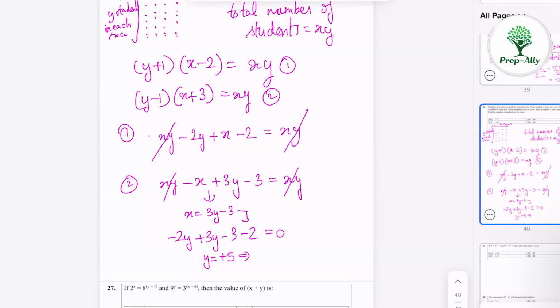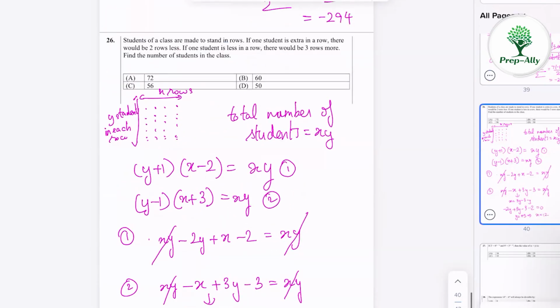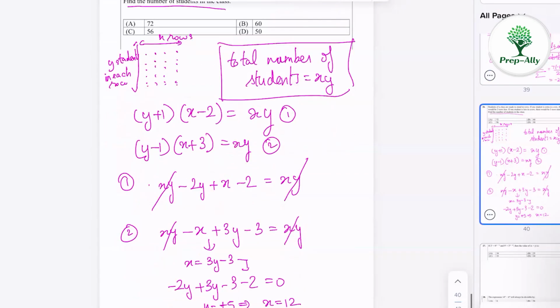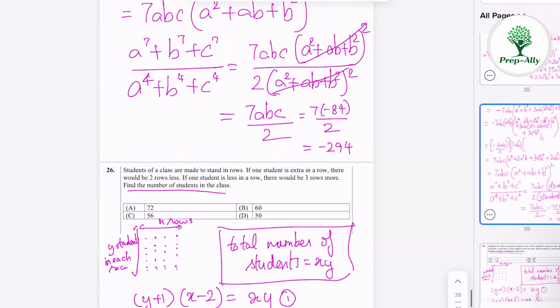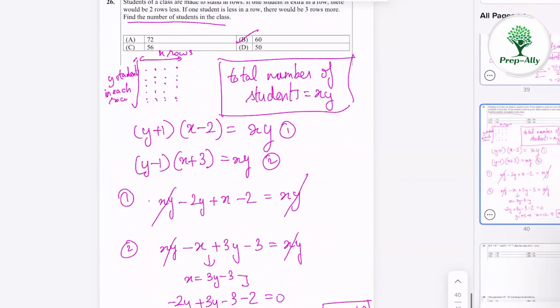And if we put this in the equation x equal to 3y minus 3, we get x equal to 12. They're asking us to find the number of students in the class, that is xy. So xy equals 60. So the answer to this question is option B, 60.